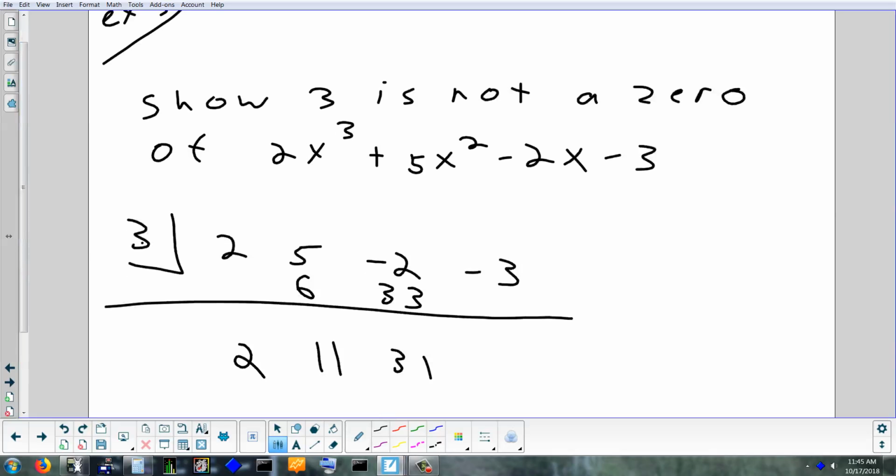Plus -2 is 31. This doesn't look like we're going to get a remainder of 0 anytime soon. 31 times 3 is 93. Plus -3, that's a remainder of 90. So we just showed that x minus 3 is not a factor, which means 3 is not a root.